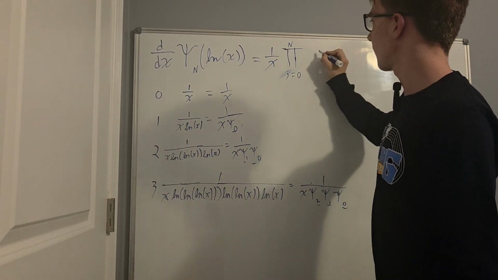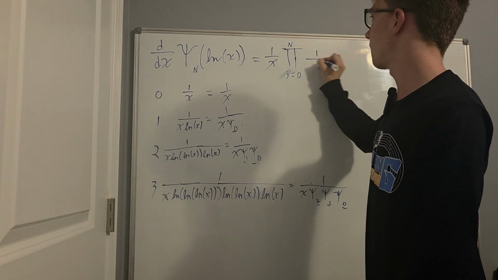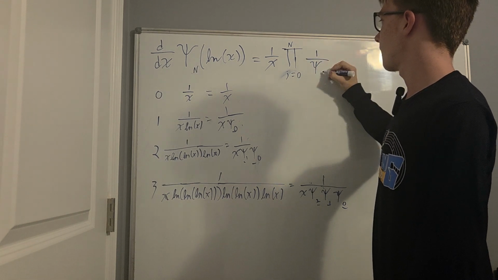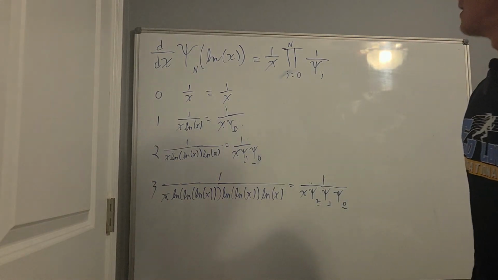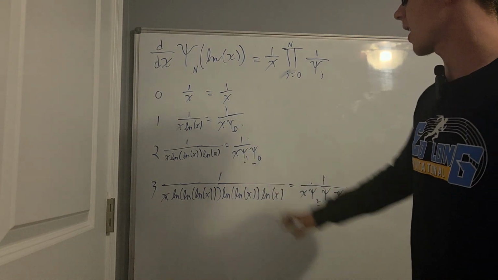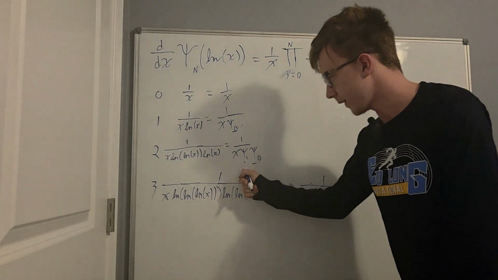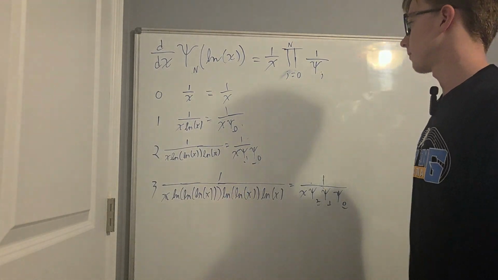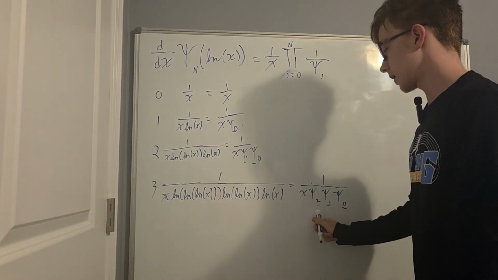So what it's actually going to look like is 1 over psi j, right? Looks kind of scary. But the explanation is every single time we're multiplying in another psi 0, psi 1, psi 2.